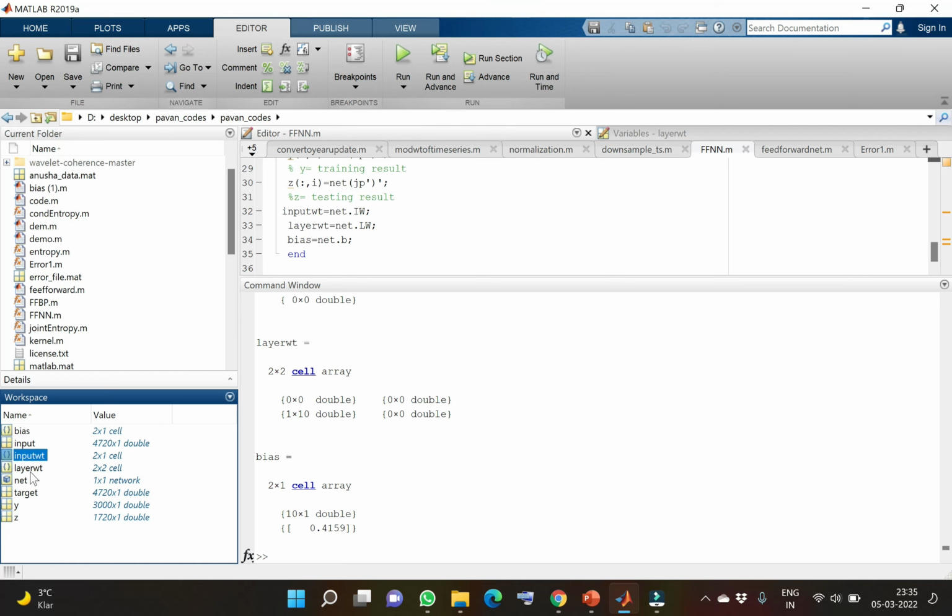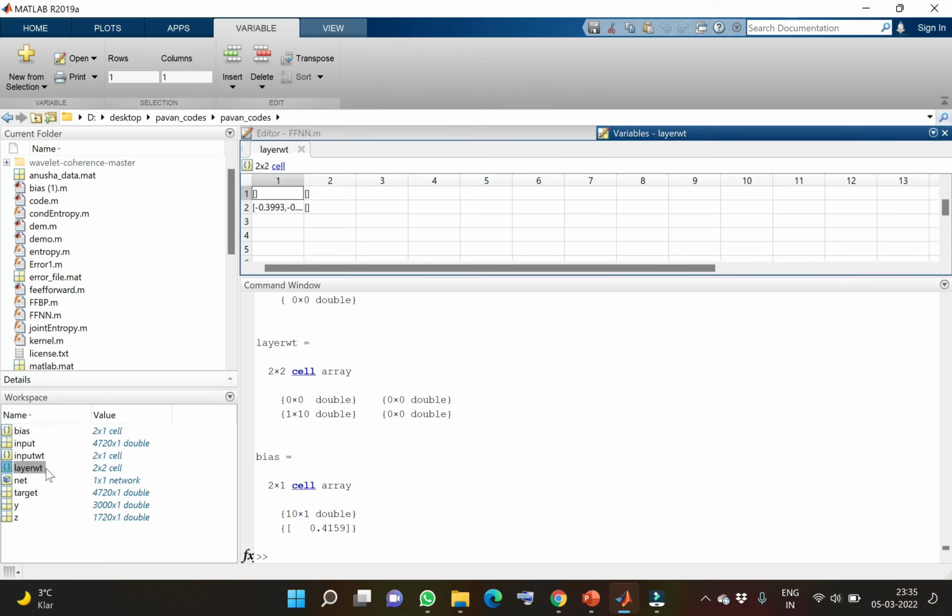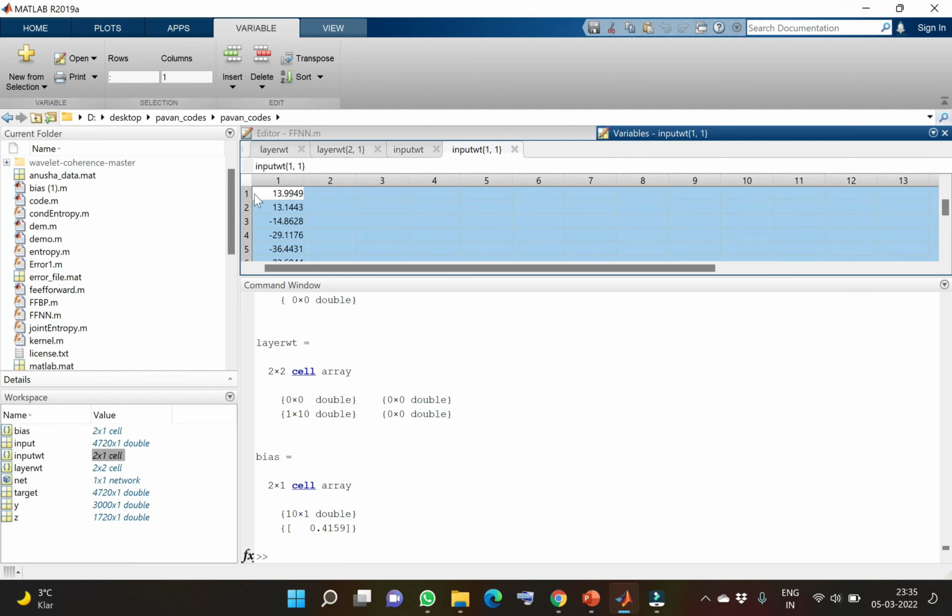All are cell components. If we go to the layer weight, it is a 2 by 2 cell, where in the 2,2 position we see the layer weights. Similarly, for input weights, these are the number of input weights: because we have taken 10 neurons, we get 10 weights.